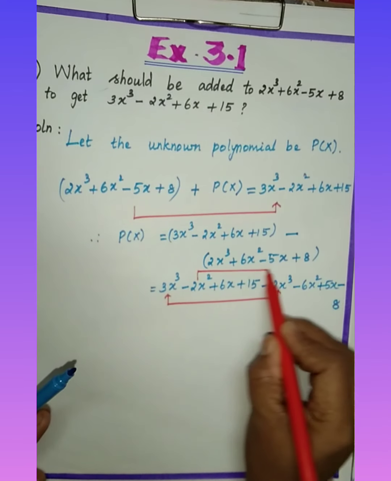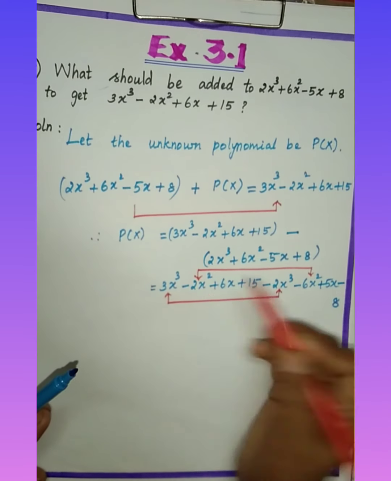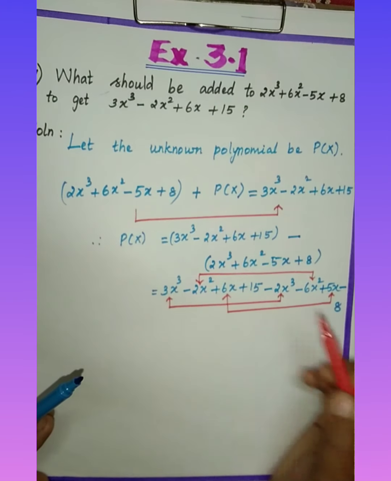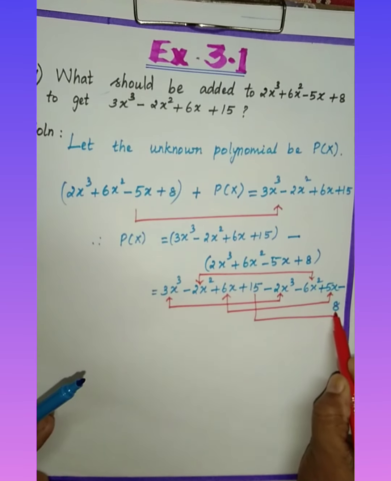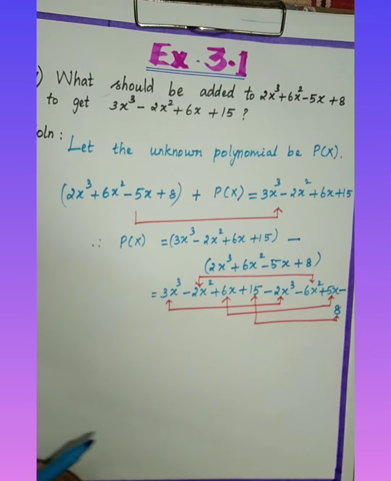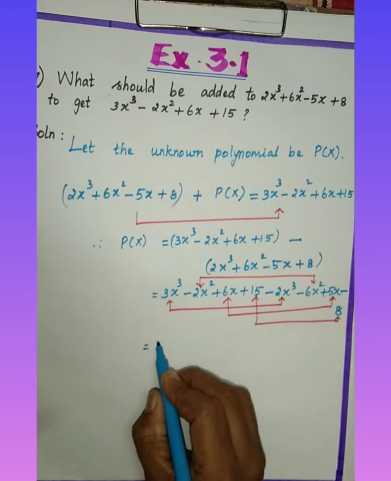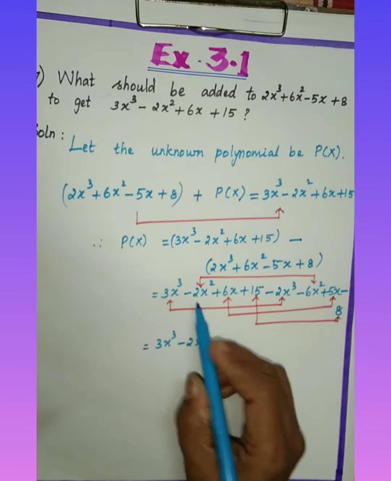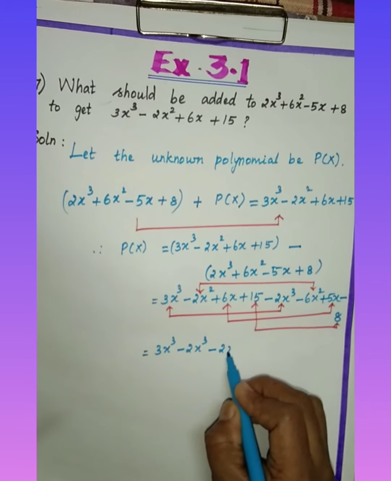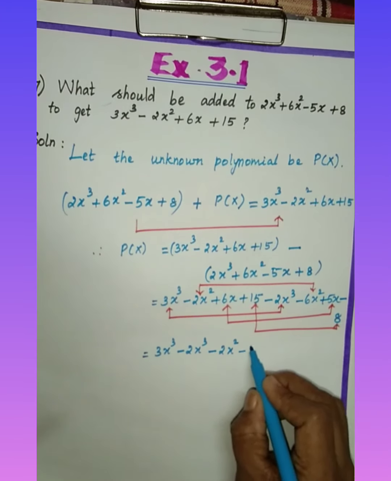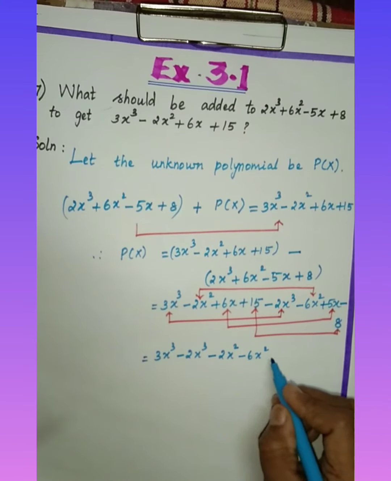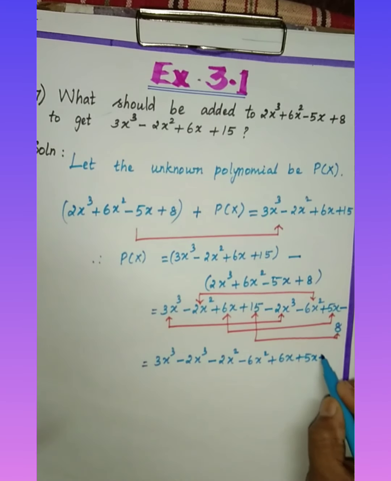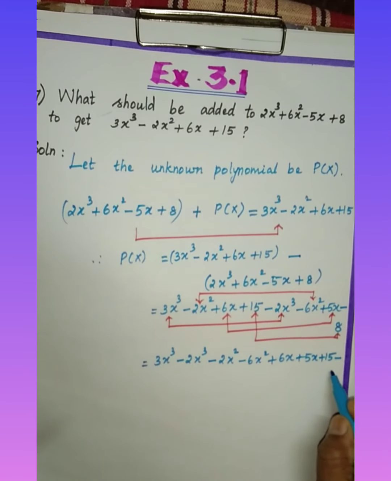Then x square terms, then x terms, and finally the constants. 3x power 3 minus 2x power 3, and next is x square term, that is minus 2x square minus 6x square, plus 6x plus 5x, plus 15 minus 8.